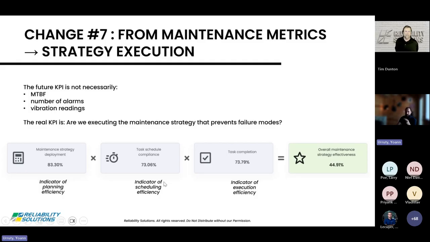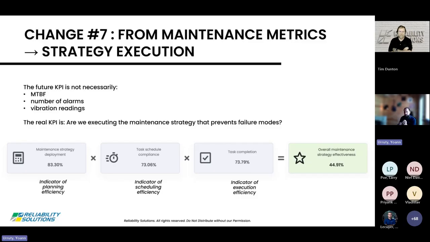And then out of the routes that you've put in the planning, have you actually executed those tasks? Did an operator or a maintenance technician actually go in the field, look at this machine and the failure modes that you identified? And then in the end, task completion. So in the end, you end up with 45%.